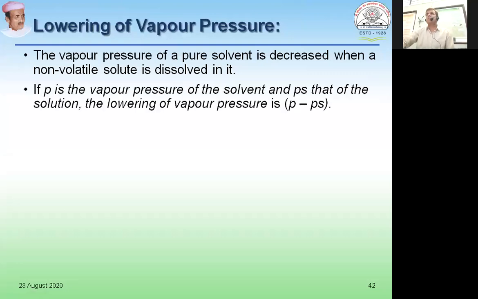So if we consider P as the vapor pressure of the pure solvent, the lowering of vapor pressure will be P minus Ps, because you will always find that the vapor pressure of the pure solvent is greater than the vapor pressure of the solution, because the surface of the solution is occupied by the solute molecules.